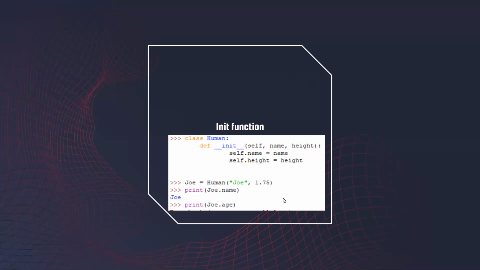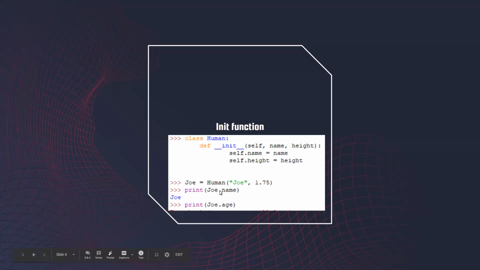And what will happen here is if we say Joe is a human and his name is Joe and his height is 1.75, notice how the parameter self is ignored because that's kind of like a given.